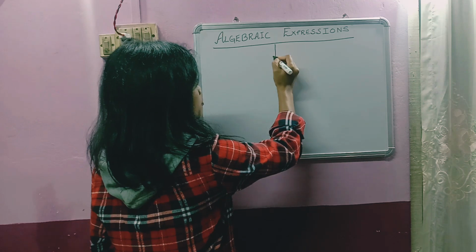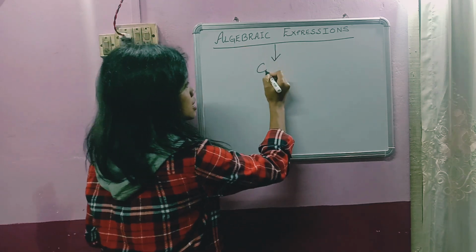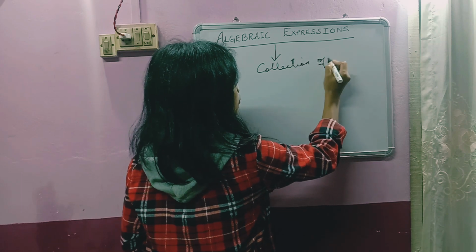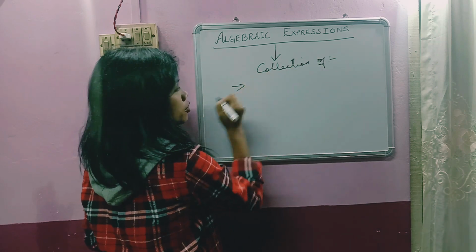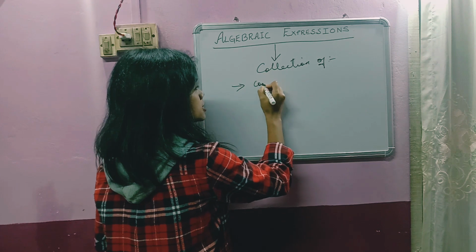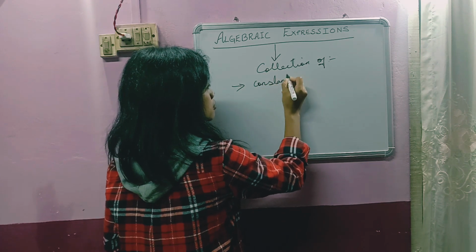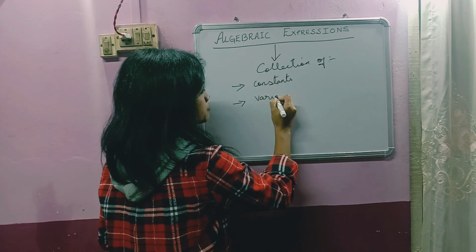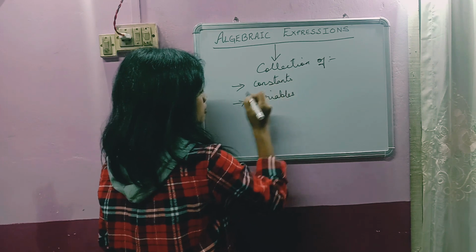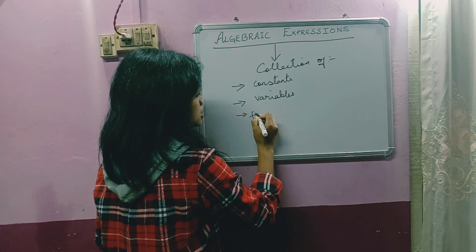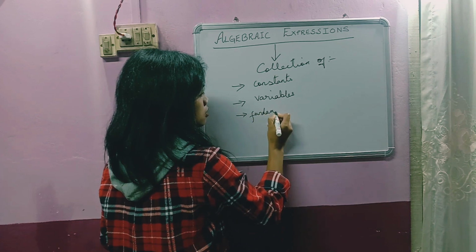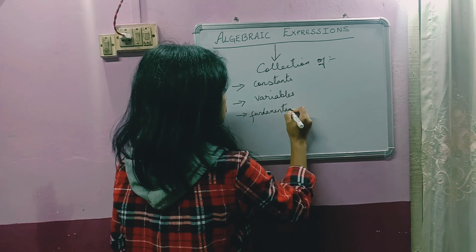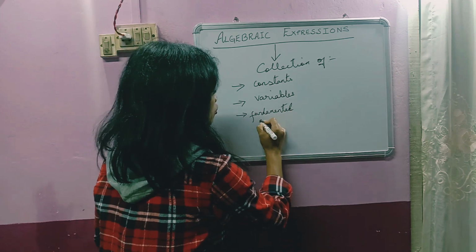So, what is an algebraic expression? An algebraic expression is a collection of constants, and then variables, and fundamental operations.